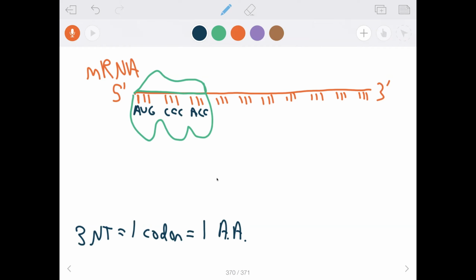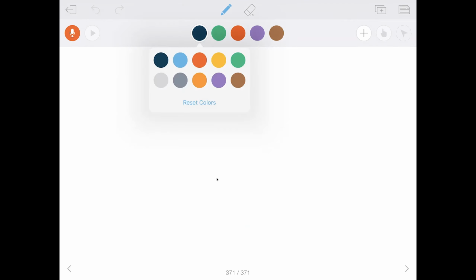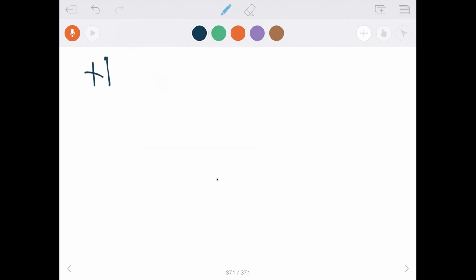That makes no sense. It's wasted energy. So instead, it uses another type of RNA molecule to help it build the polypeptide. Now, I promise I'll come back to this slide in a second. The molecule that it uses is tRNA, or transfer RNA.